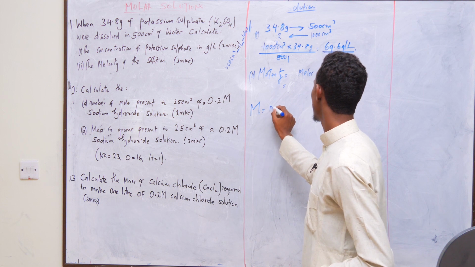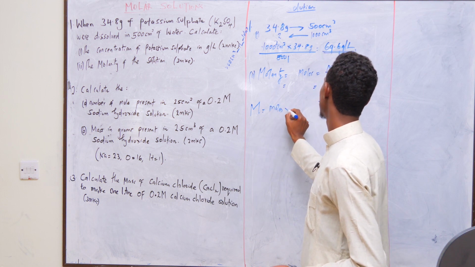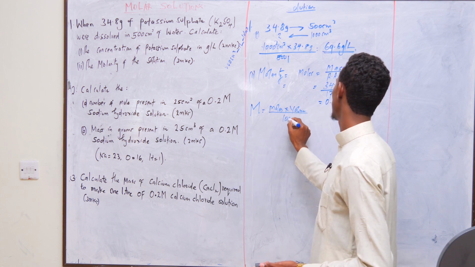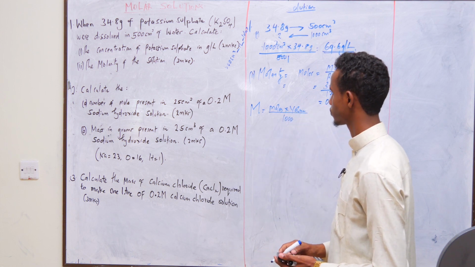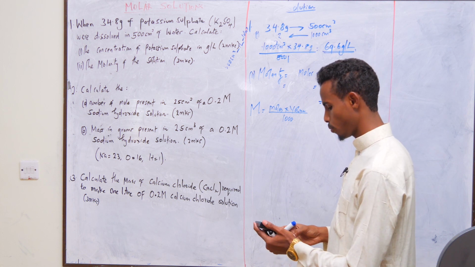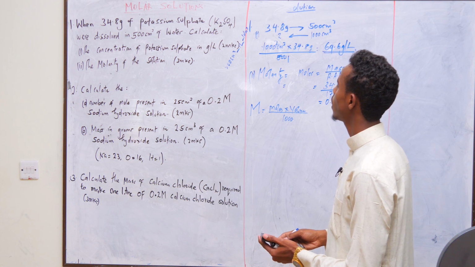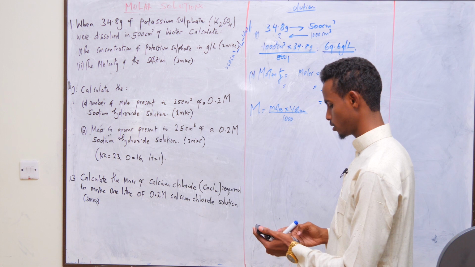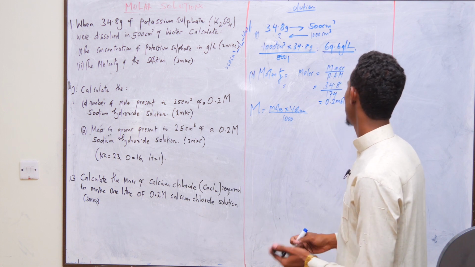Now, molarity is equal to moles over volume times 1,000. Now class, what's our moles? 0.2. What is our volume? 500. Let's look at it quickly.